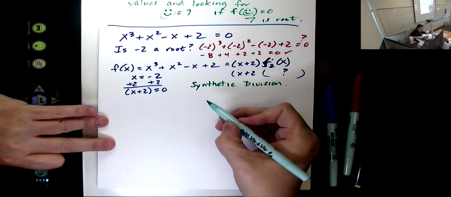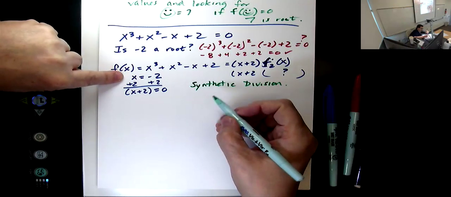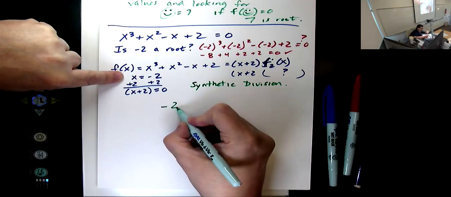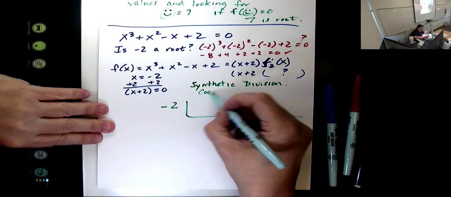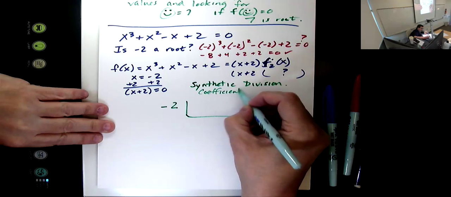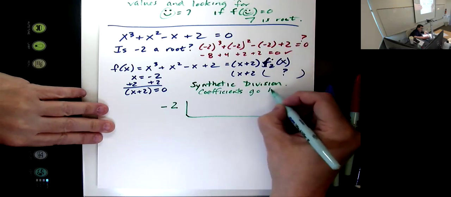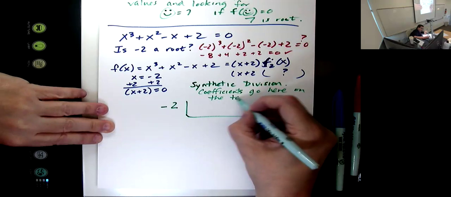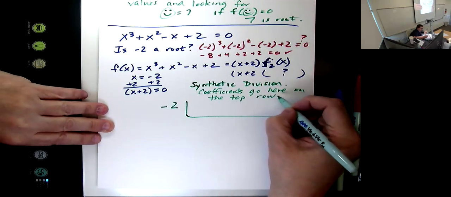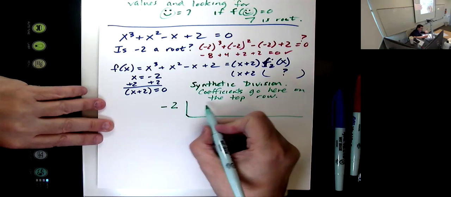What we're going to do is take the root and put the coefficients on the top row. It looks kind of like an upside-down division thing, the division bar.